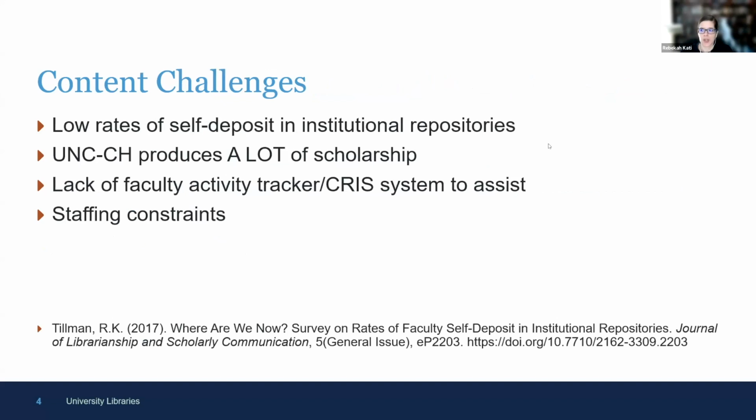So we've run into a few challenges making scholarship available, which I think a lot of the repository managers in the audience will be really familiar with. As you folks probably know, there's a low rate of self-deposit in institutional repositories in general. There's a citation on the bottom of the slide to an article by Ruth Tillman that I like to refer people to, because it's an across-the-board problem.